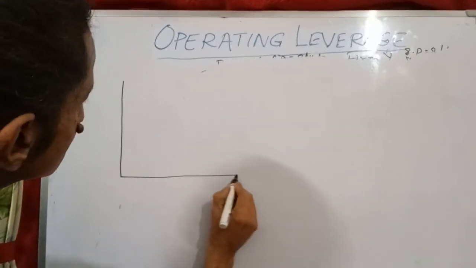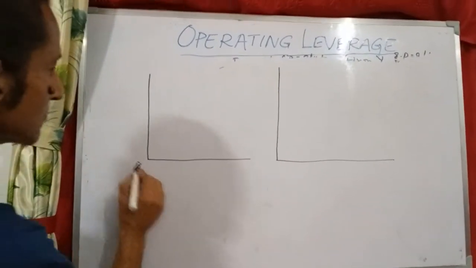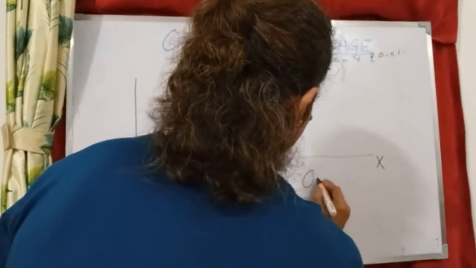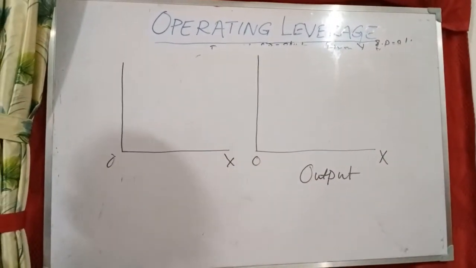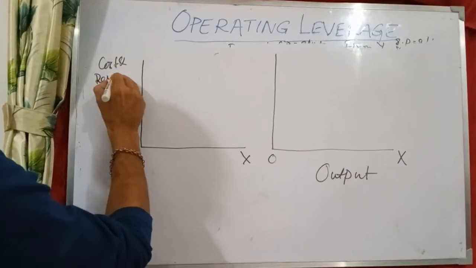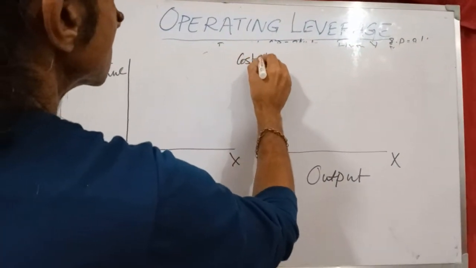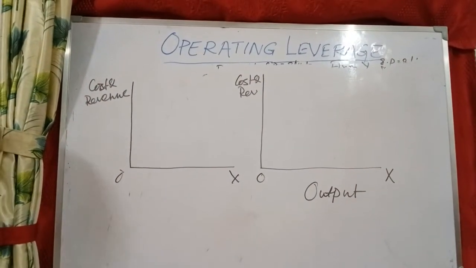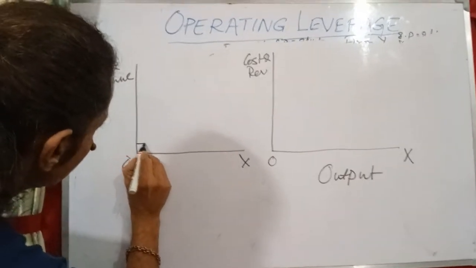This is firm X. This is firm Y. Output on x-axis and on y-axis, cost and revenue. Now firm X has relatively lower fixed cost, so let the fixed cost line start from here.